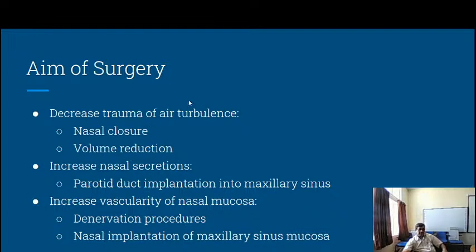The ultimate aim of these surgeries is to reduce the volume, basically closure, and of course the supplementation of the secretions, and increased vascularity in the nasal mucosa by denervation procedures and implantation of maxillary sinus mucosa by the parotid duct.